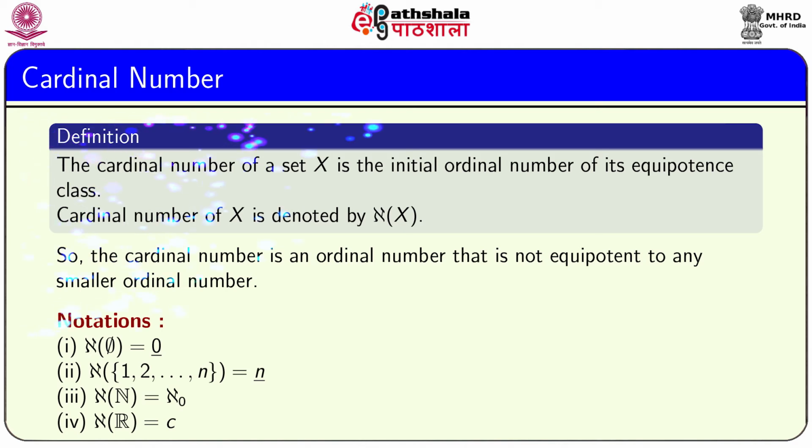Aleph of the set of natural numbers is denoted by aleph naught, and the cardinal number of the real numbers is denoted by C.